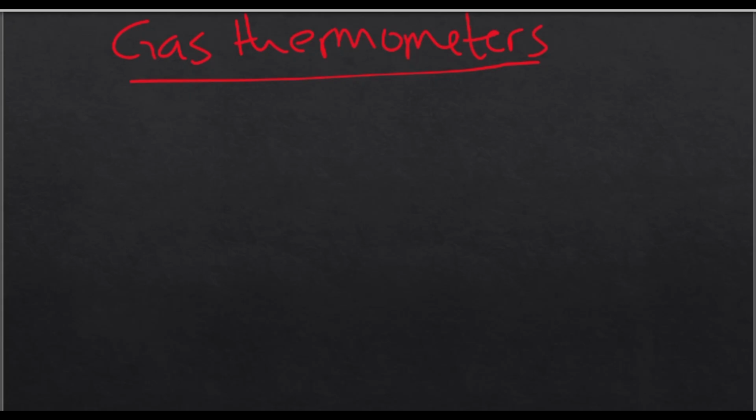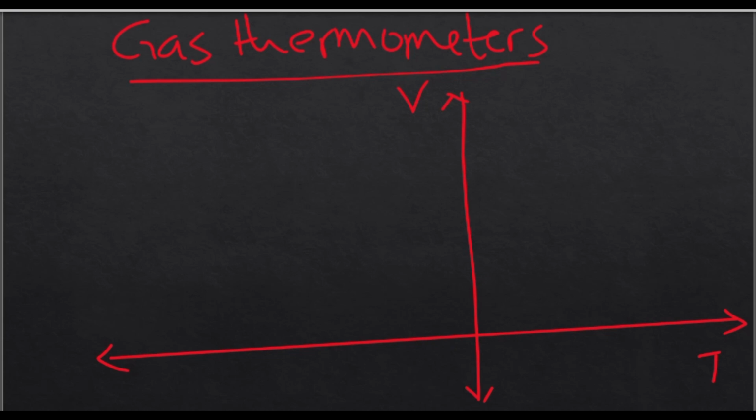So when you take any gas at all and you want to plot it on the V versus T graph, this is how it's going to look. Say the volume of the gas was taken to be at some level around here, and you draw the linear graph. It's going to extend up this way.